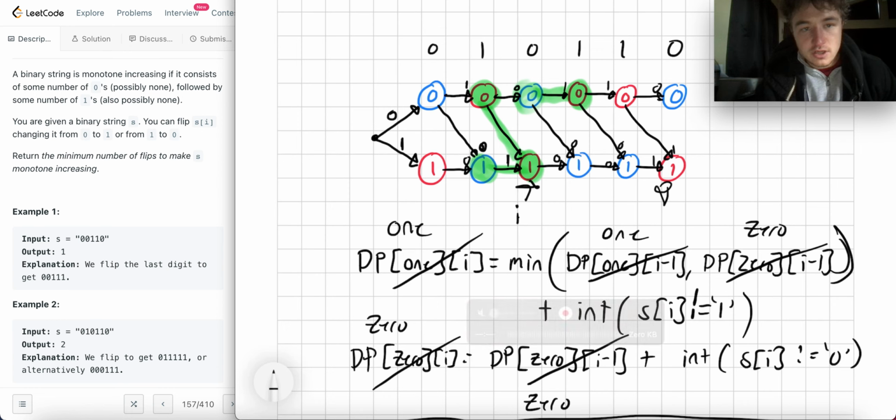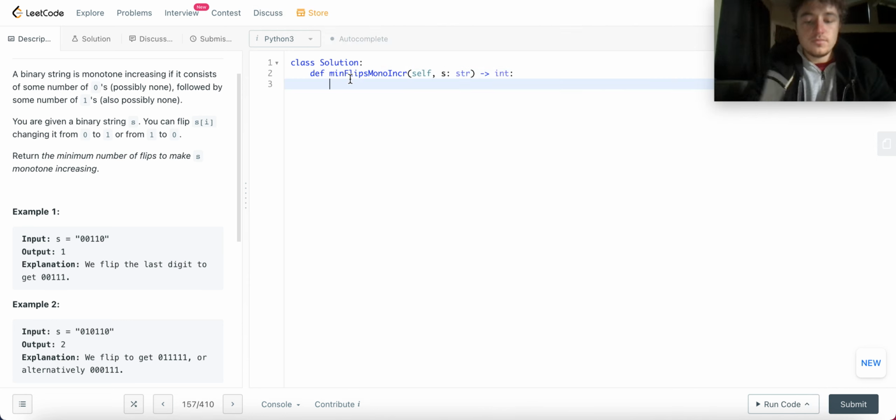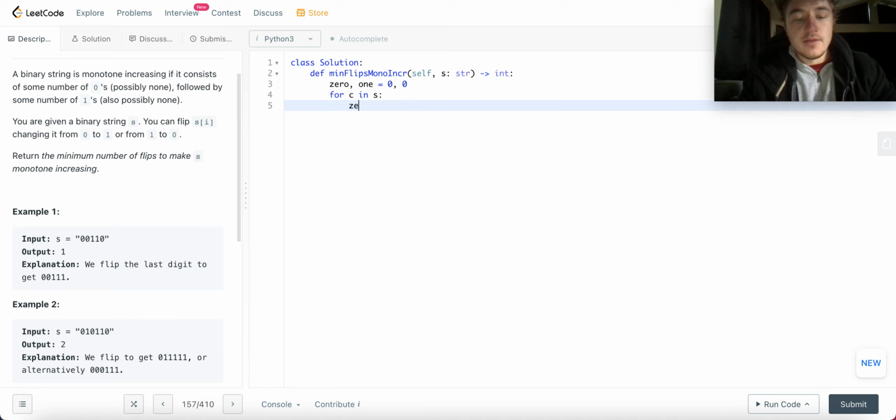So we'll write the code really quick. Okay. So we'll say 0 and 1 equals 0 and 0. We'll look at each character in s, and then we'll update 0 and 1 using the recurrence relationship. We'll do it the other way because that's how I had it stated. So 1 and 0.